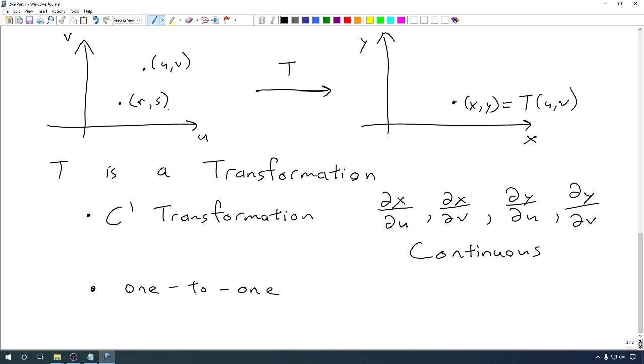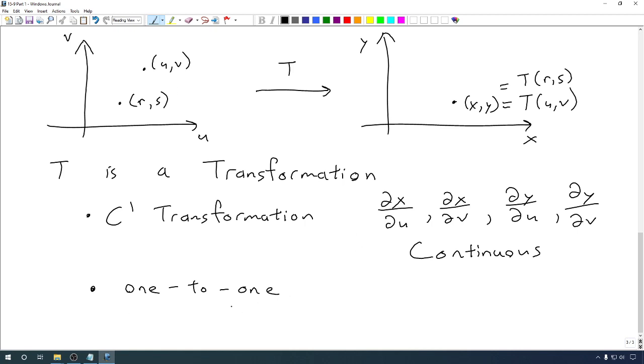If there's another point (r, s) over here where this is also T of (r, s), a completely brand new point, two different points mapping to the same point through this function, it would not be one-to-one. Being one-to-one says that this cannot happen.